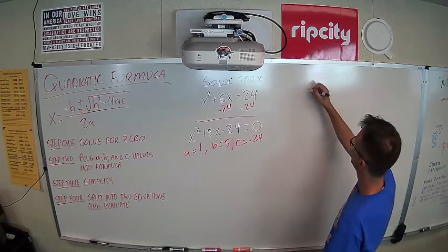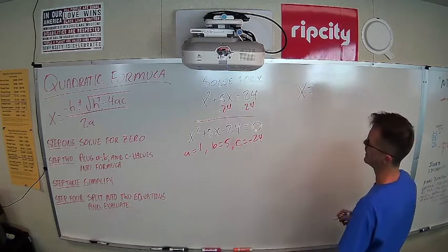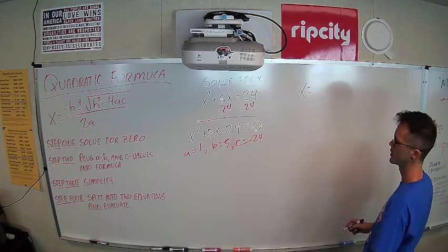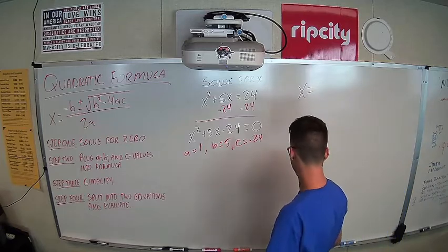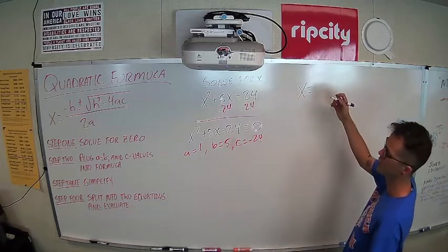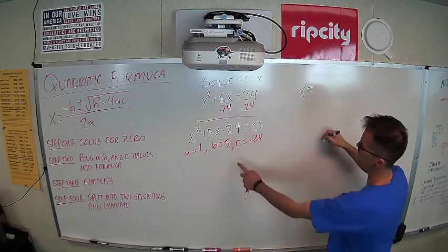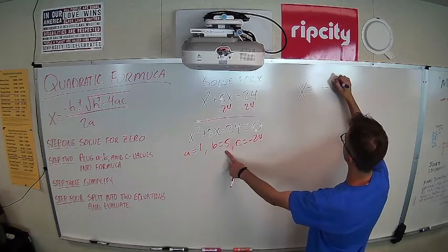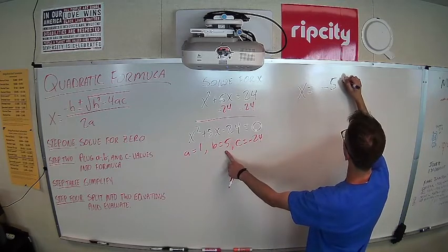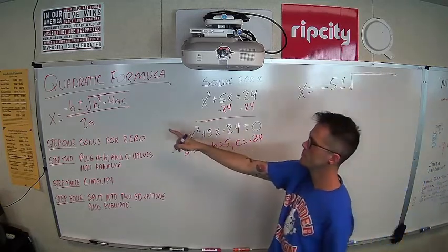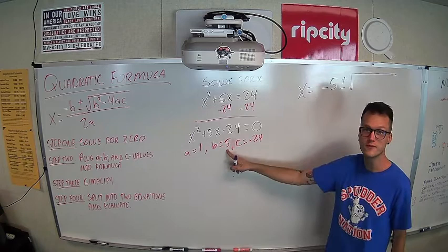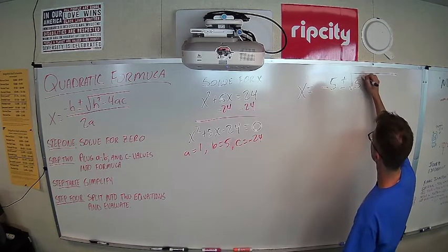So we have x equals negative b. Our b value is 5, so I'm going to put negative 5 plus or minus, and I'll open up my radical. Now it says b squared. Our b value is 5, so I'm going to put 5 squared.